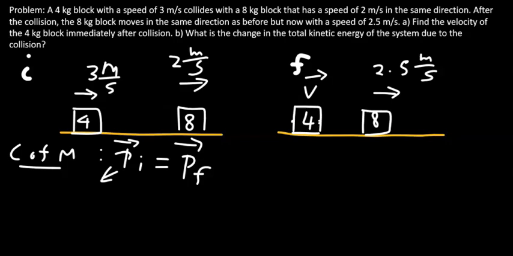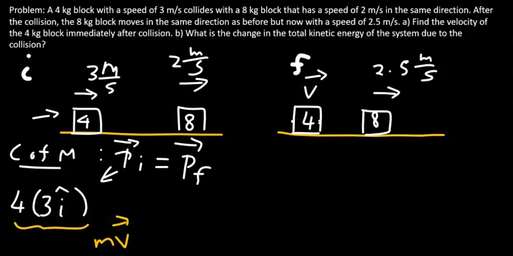So momentum of the 4 kg block is the mass m times the velocity. Now let's take the rightward direction to be represented by the unit vector i hat. So the velocity is 3i hat. This term right here is just mass times velocity. That's how we calculate linear momentum of an object.